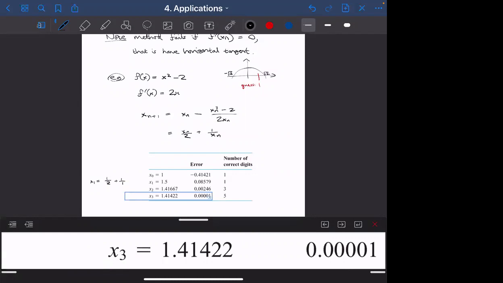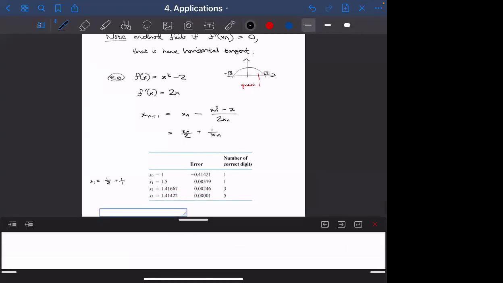So actually this method is often used in computer algorithms.